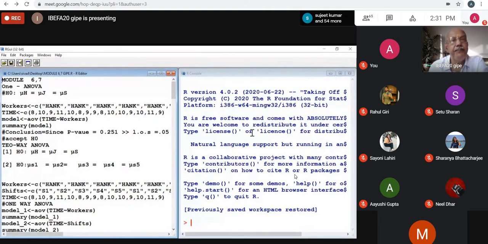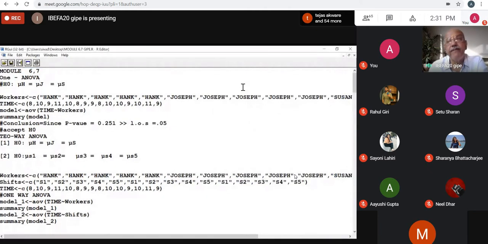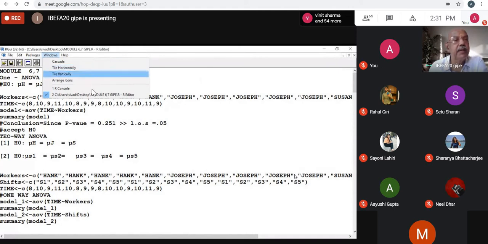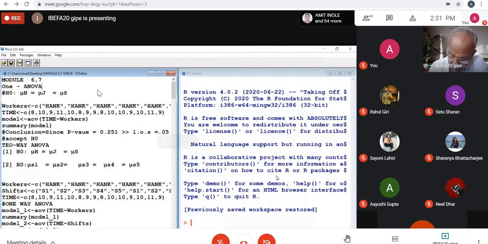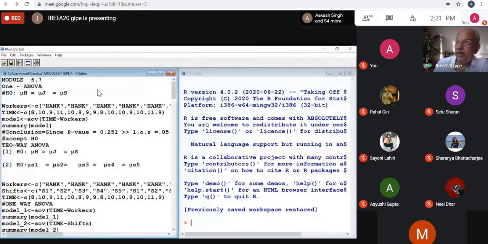Hank, Joseph, and Susan are three independent workers. They were working in the company for several years for assembly line.